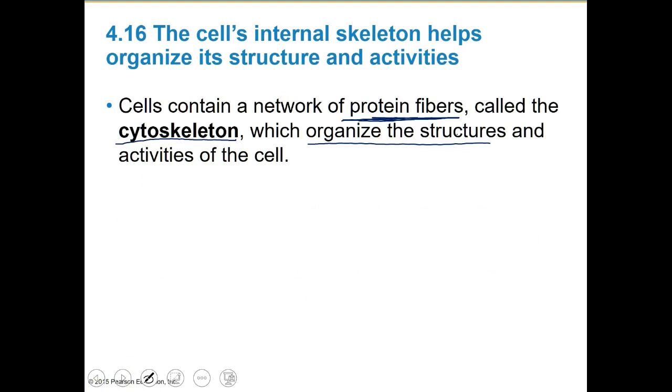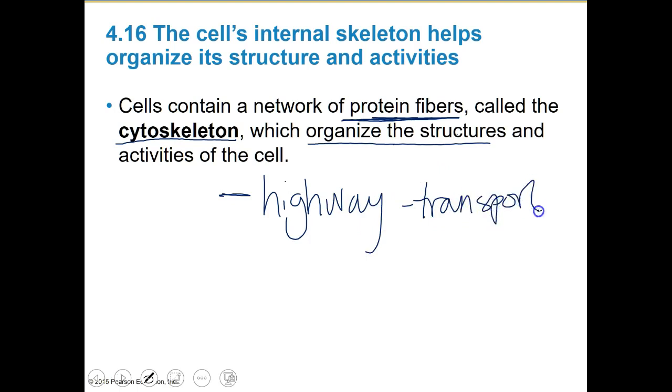Let's actually do that. So just so you kind of know, they organize structures, so they're going to be sort of highway-like because they can transport. Let's get that here too, is that they'll do some transport. Okay. They'll also serve as an anchor, so they'll make sure that cell parts stay in place.